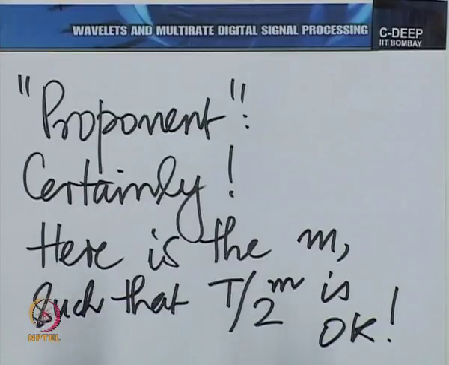The adversary or the opponent gives you a target. He says, I want the squared error to be less than this number E_0, and the proponent says, well, here you are. If you make that interval of size T by 2 raised to the power of m, lo and behold your error is going to be less than or equal to E_0.